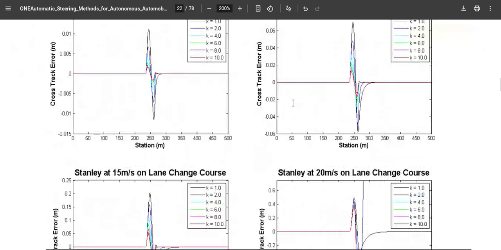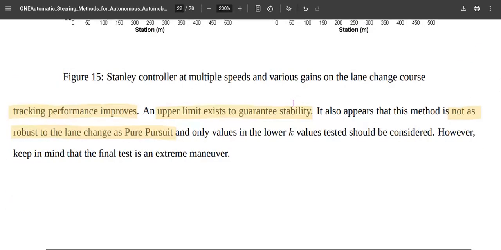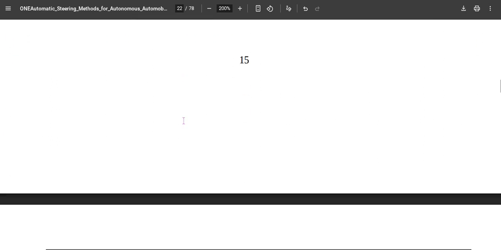Again, as k is increased here, tracking performance increases. There would be an upper limit to guarantee stability. The more k, the sharper it becomes, and oscillations or instability appear. Here, they have mentioned that it is not as robust as pure pursuit in lane changing.